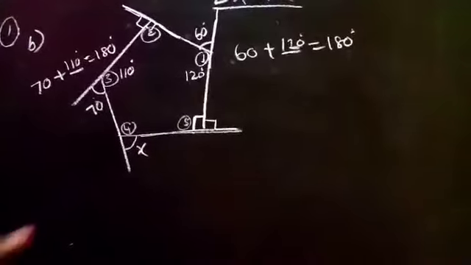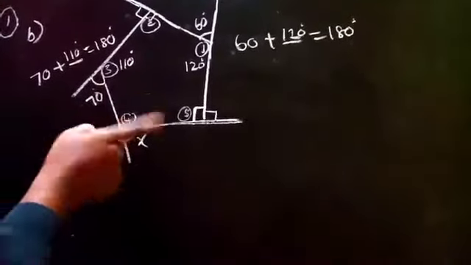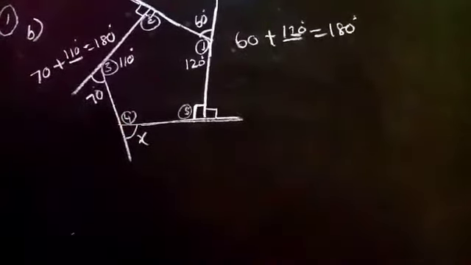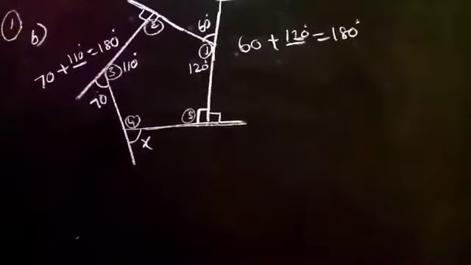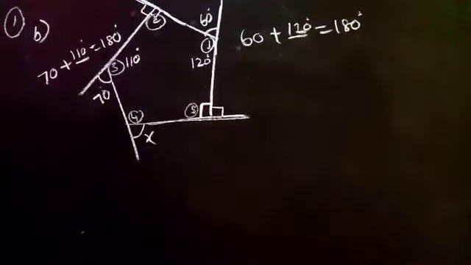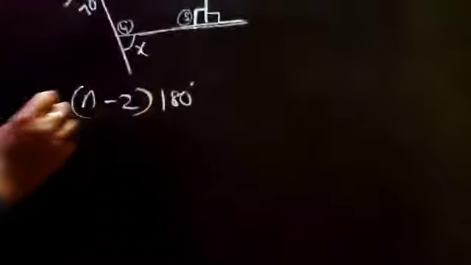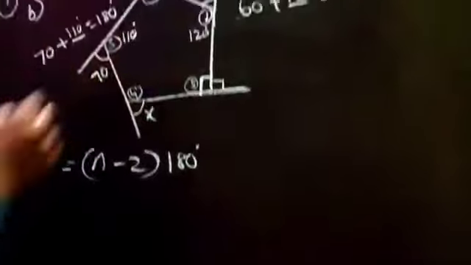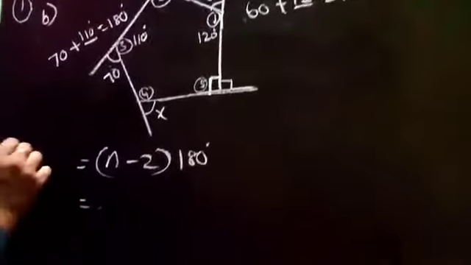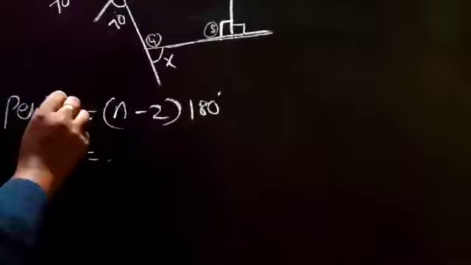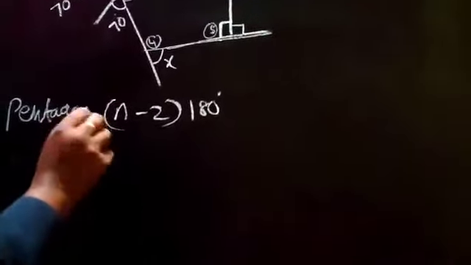So now we have to find the x value in this. This angle we don't know how much we'll get. So we have the formula for a pentagon: (n minus 2) into 180 degrees, because this is the total angle sum for a pentagon. How many sides does a pentagon have?